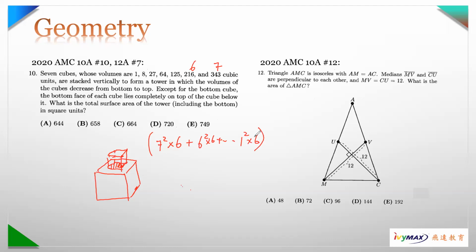Okay, so that is the total surface area if they are not stacked, and minus the area that has been overlapped: 7 squared plus 6 squared plus all the way to 1 squared, right? Yeah, and this should give you the result of 658, which is B.